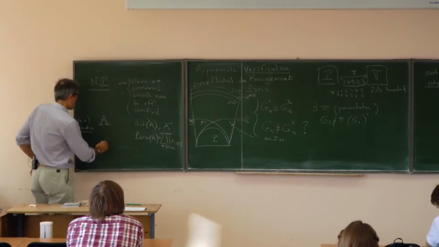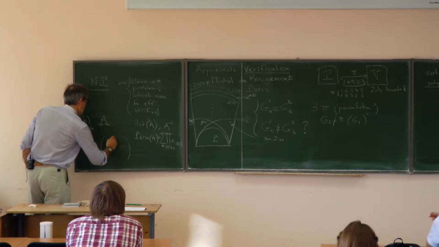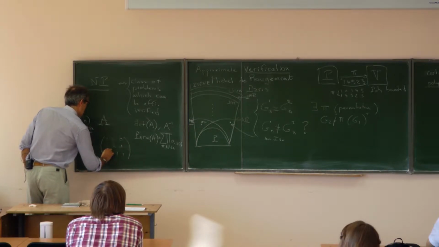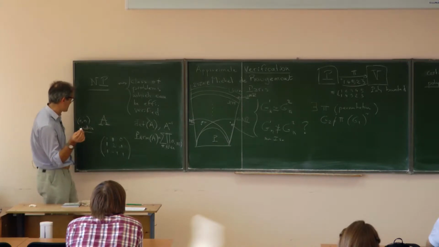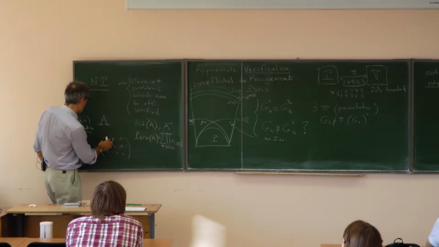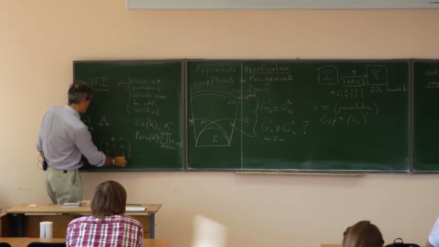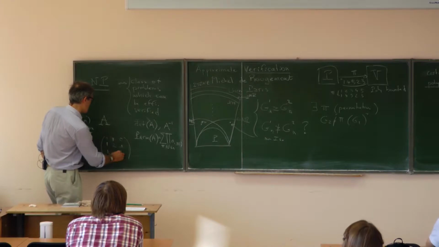So if you take a very simple example, let's put 0, 1, 1, -1, 1, 1. I have a 3 by 3 matrix. What is the permanent? So I develop along the first line. There will be 1 times the permanent of this smaller matrix, which is 2 plus 1, 3.